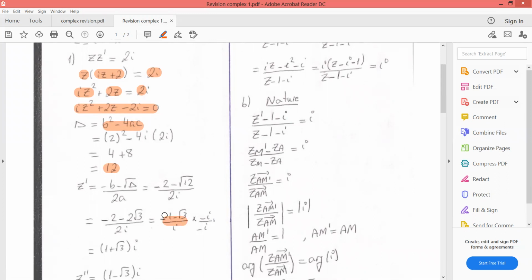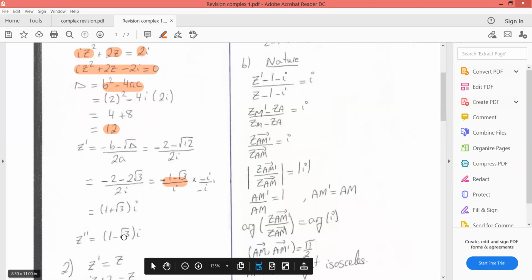By multiplying by minus i, top and bottom, what you get? 1 plus radical 3i. Z double prime is 1 minus radical 3i. Do you like to ask a question here? No.